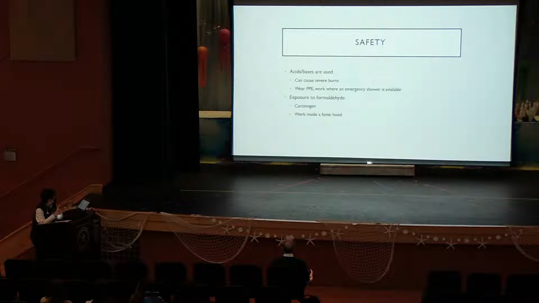And also you want to work where an emergency shower is available so that you can wash it off immediately when things go south. And also because the synthesis of DMDHEU includes working with formaldehyde, which is a very nasty carcinogen, you want to make sure that you work inside a fume hood, but even then, it's still a nasty carcinogen. So it would be in your interest to not replicate this experiment at home.